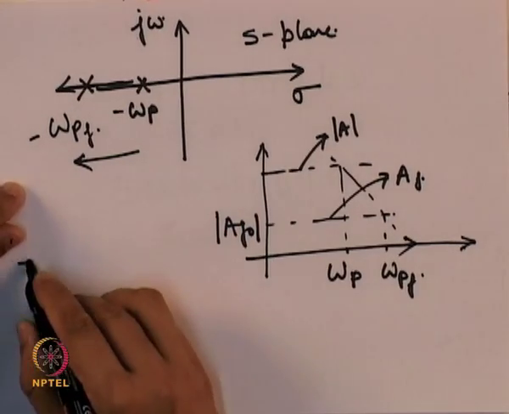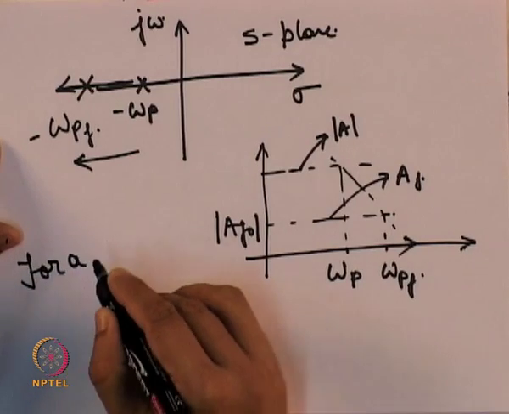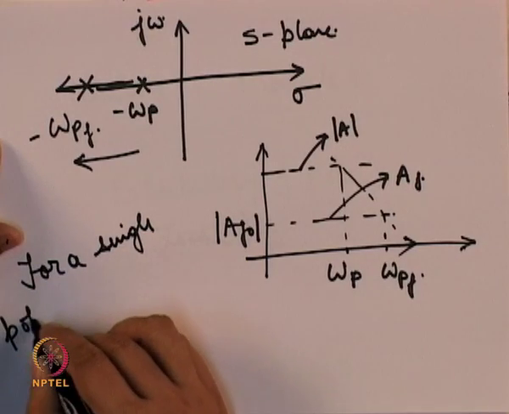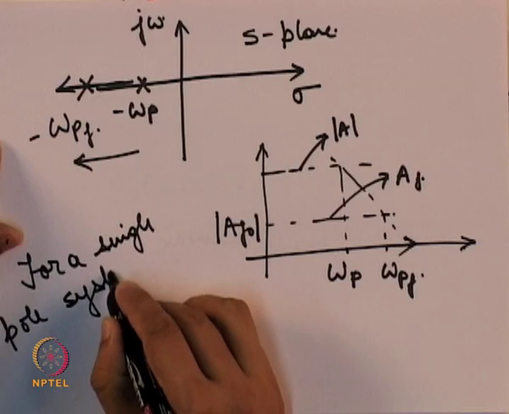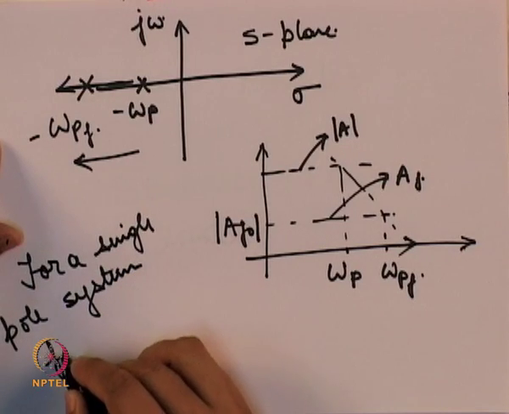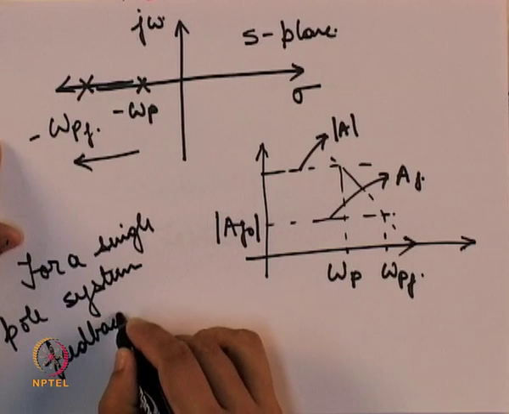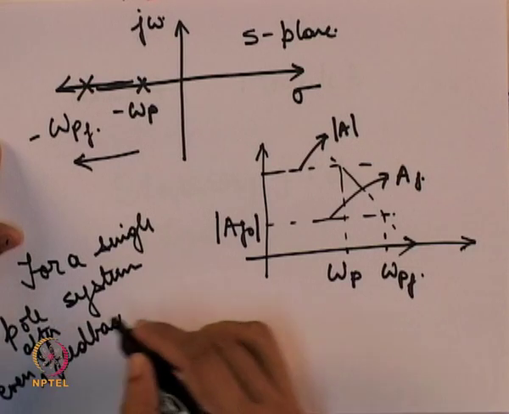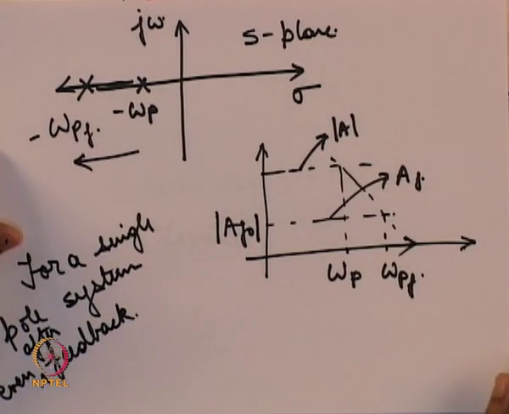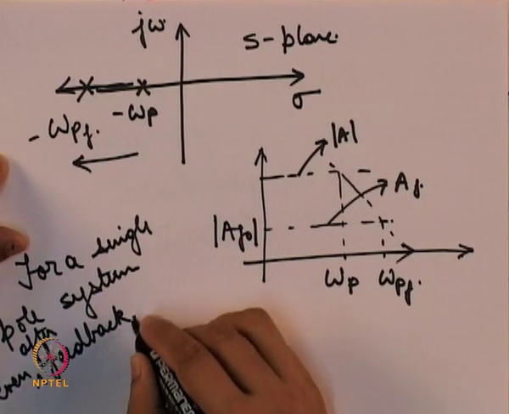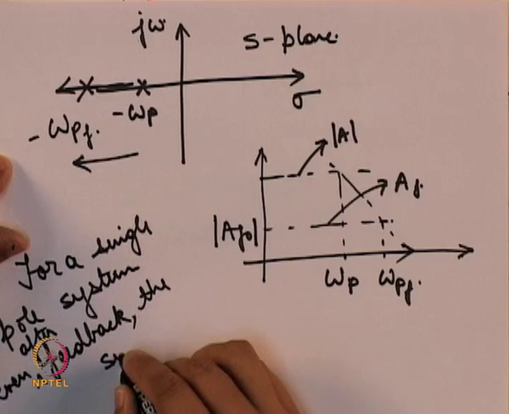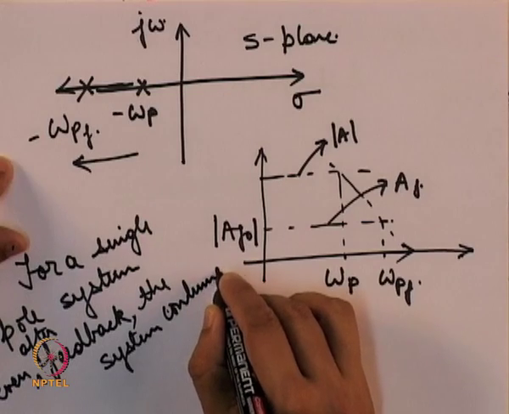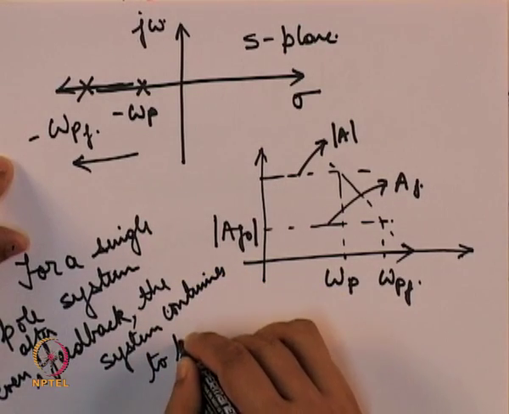Hence, for a single pole system, even after feedback, of course here by feedback we mean negative feedback, the system continues to be stable.